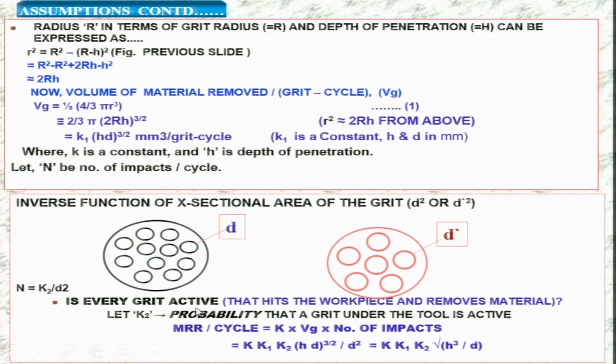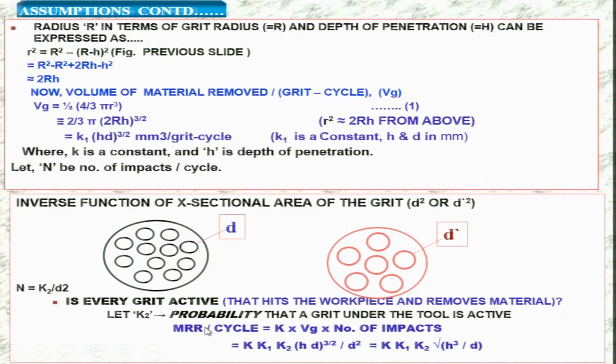Is every grit active? Now say suppose n grits are there which are under the tool. The question raised over here is, is every grit active? That means, is every grit hitting the workpiece and removing the material? Let K3 be the probability that a grit under the tool is active.